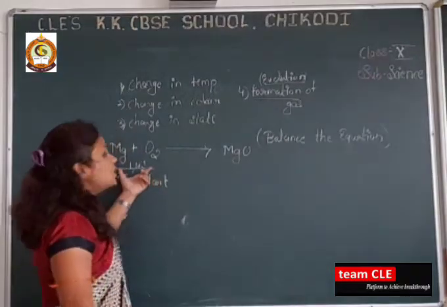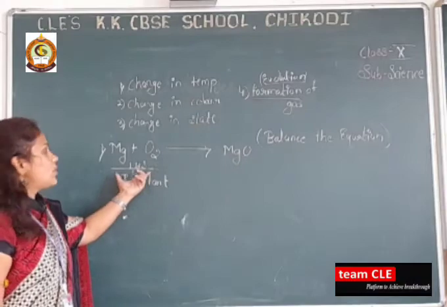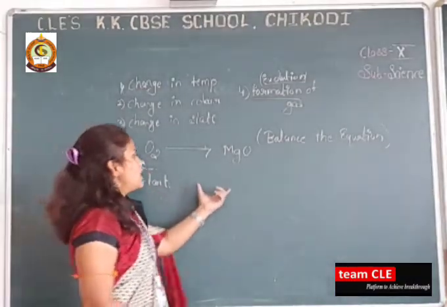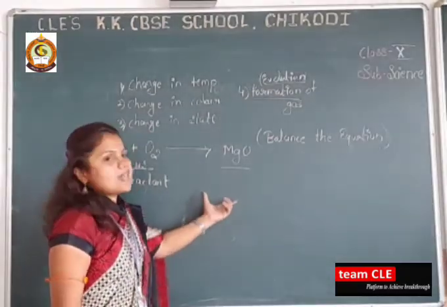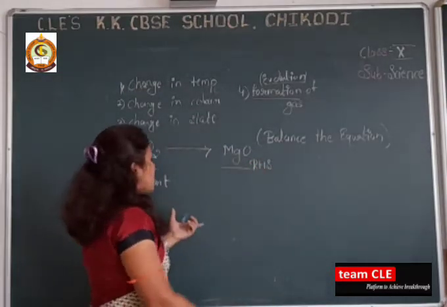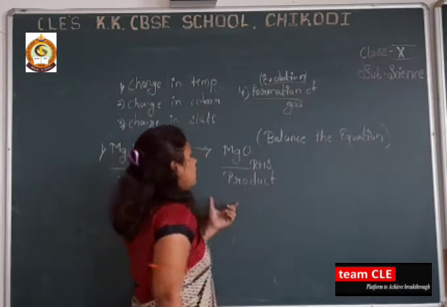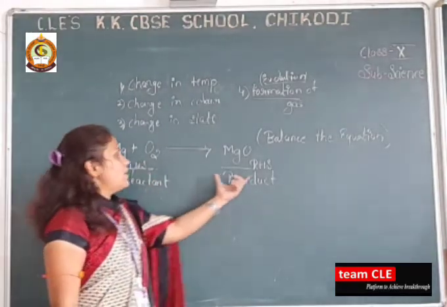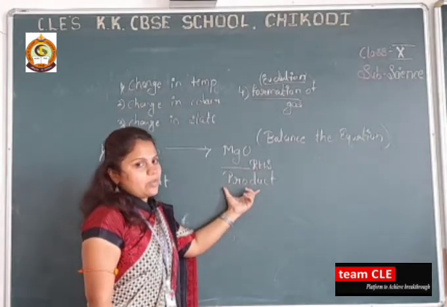So the substances we take for the reaction are called the reactants, whereas what we write after the reaction on the right hand side, the RHS, is called the product.